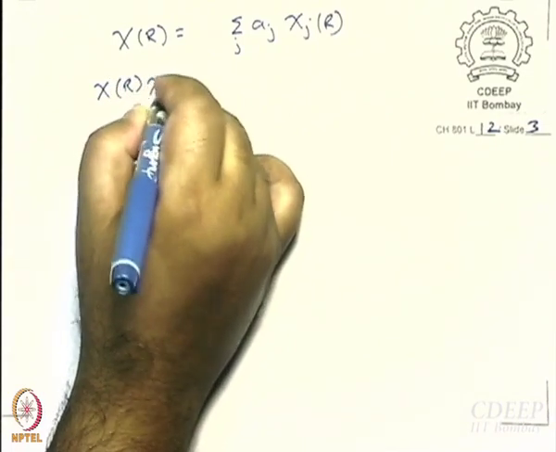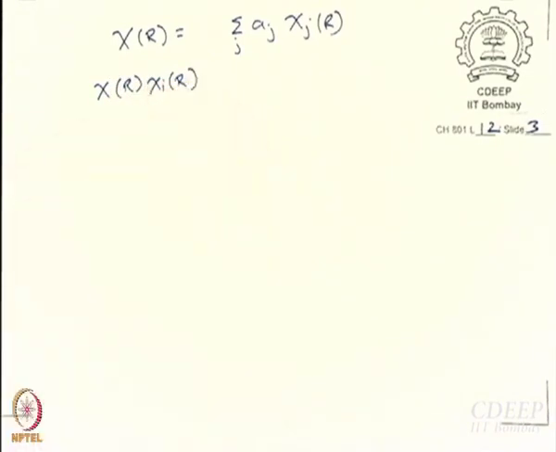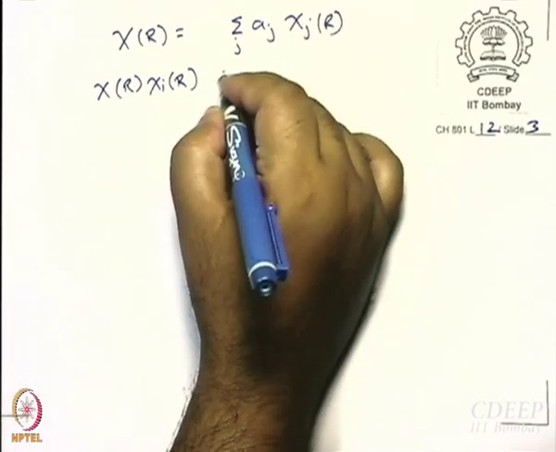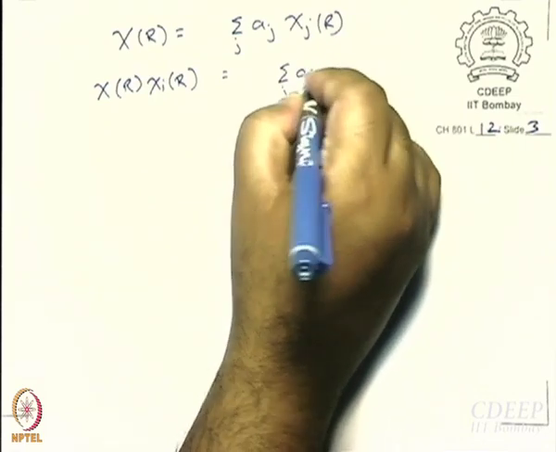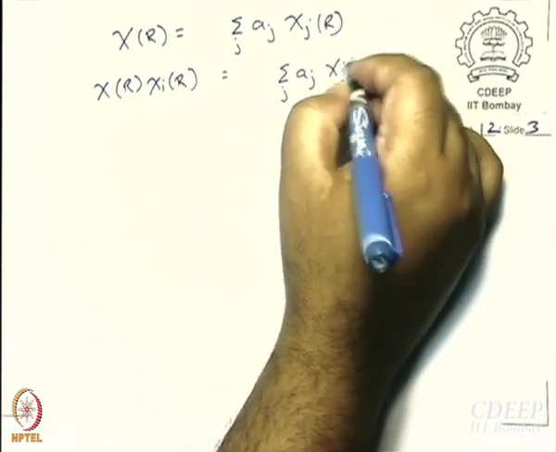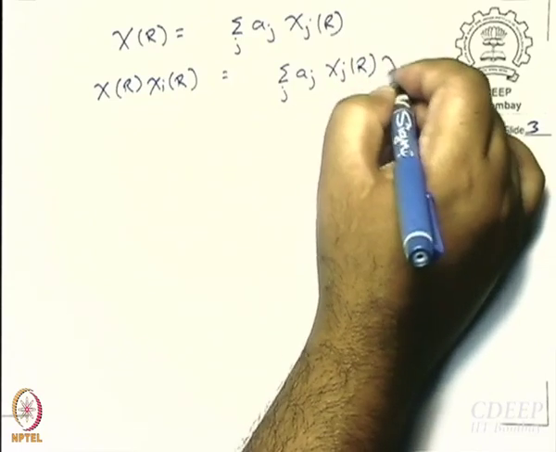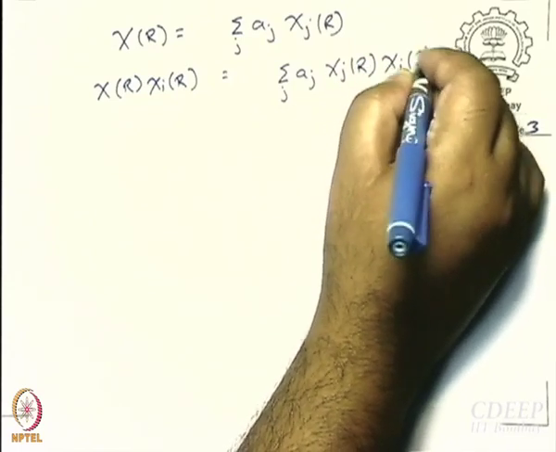say chi I r, where I is one of the j's. I is a specific value of j. So, I can be 1, 2, 3, whatever it is. Okay. Will be equal to sum over j aj chi j of r multiplied by chi I of r.